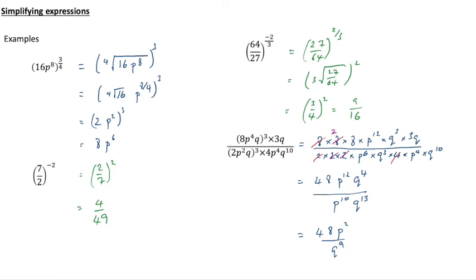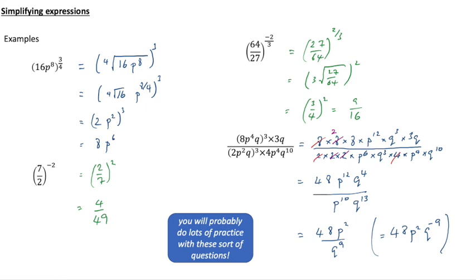The 2 comes from the 12, take away 10, and the 9 comes from 13, take away 4. And if you were required to write it without a fraction, then we could convert the q to q to the power of minus 9 rather, and that would give us 48p squared q to the minus 9. And you'll probably do loads of practice with these sort of questions, and it's good to get very fluent with them if you can.